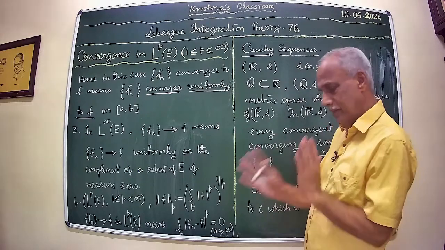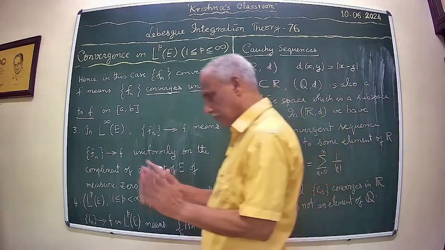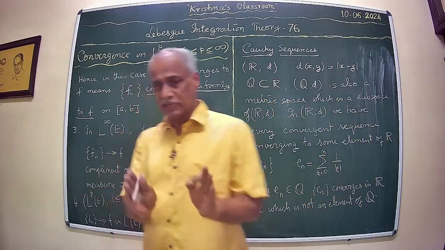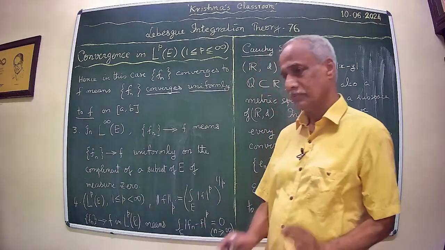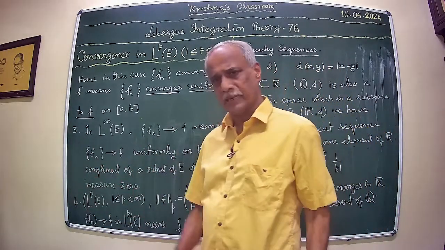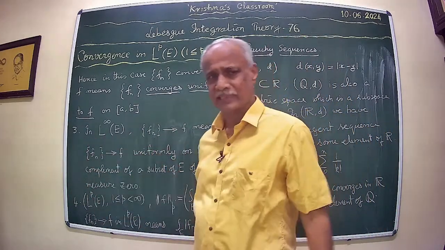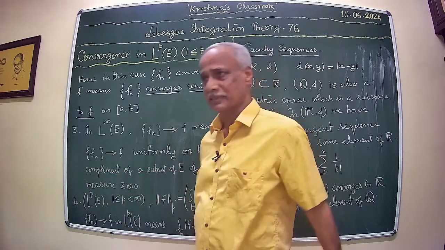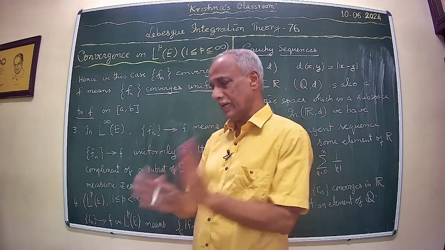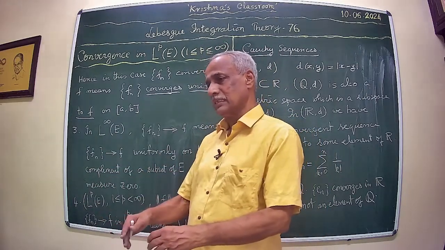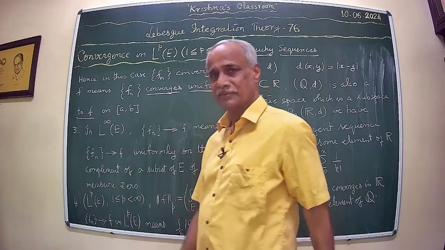So we have a new class of things. Now if you see this e_n in R, it has the convergence property. That means it gets closer and closer as n becomes larger and larger, but eventually it just goes out of the space.